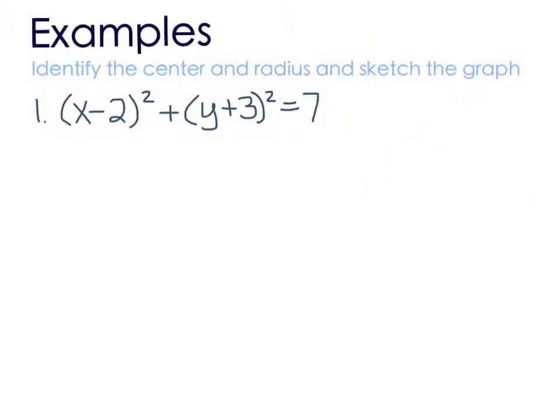Alright, so let's do some example problems. For these first ones, our instructions are to identify the center and radius and sketch the graph. So for the first one, we have (x minus 2) all squared plus (y plus 3) all squared equals 7.